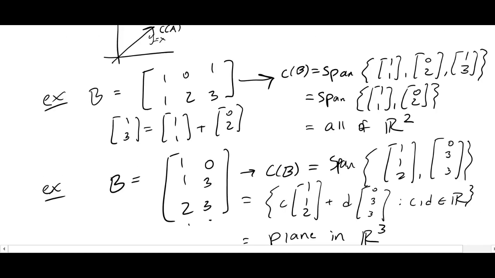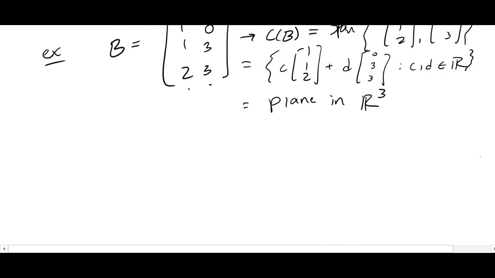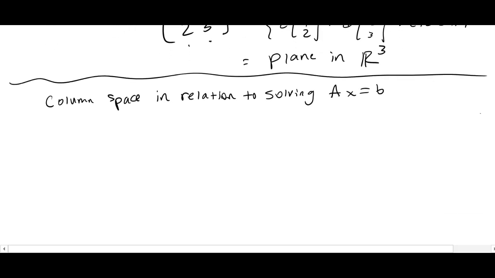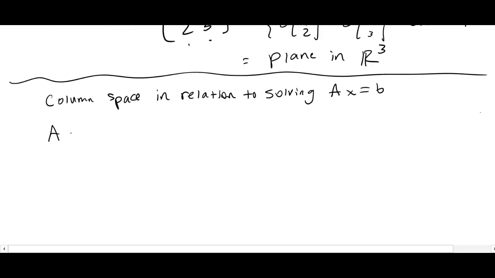Okay, so there are some important things about the column space in relation to solving systems of equations, solving Ax equals b. Say you have a matrix A with columns 1, 2 and 3, 4, and x is negative 1, 2.